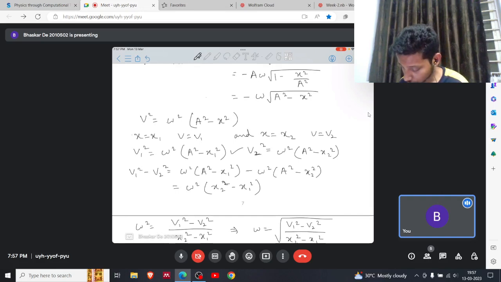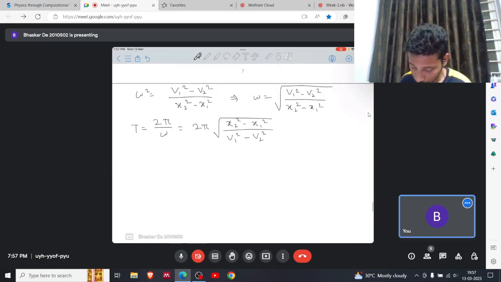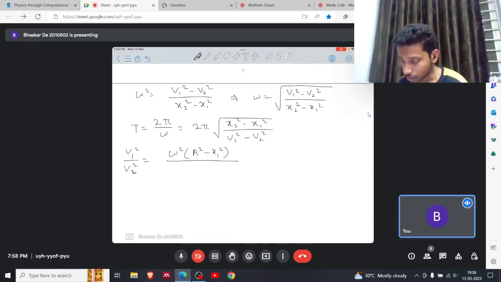Also from these two equations, if we divide v1 square by v2 square, omega square into a square minus x1 square by a square minus x2 square.